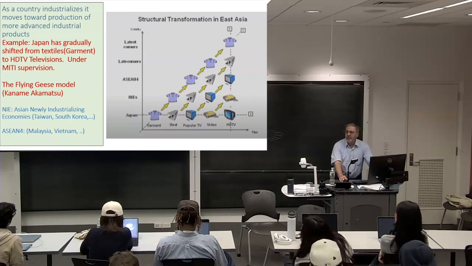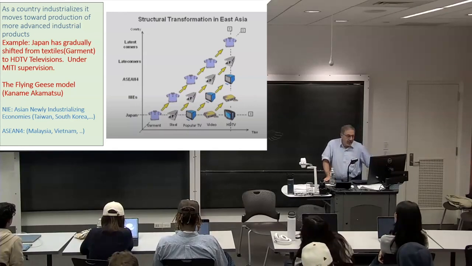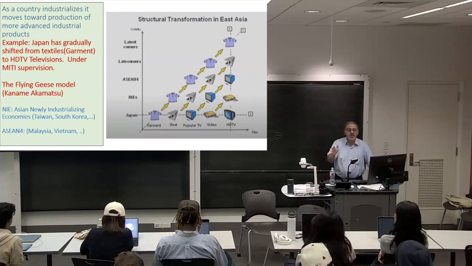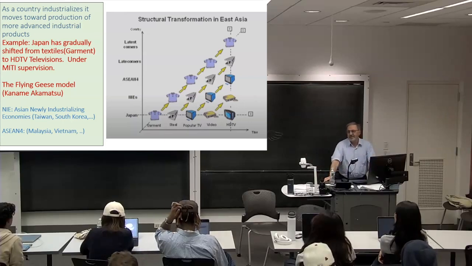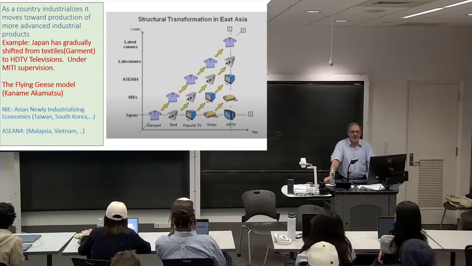Malaysia, Vietnam after 1975, when finally the Vietnam War was over. For a while it was a communist government, but that communist government changed its policies and joined the global supply chain by 1980s. Any questions about how this process works?